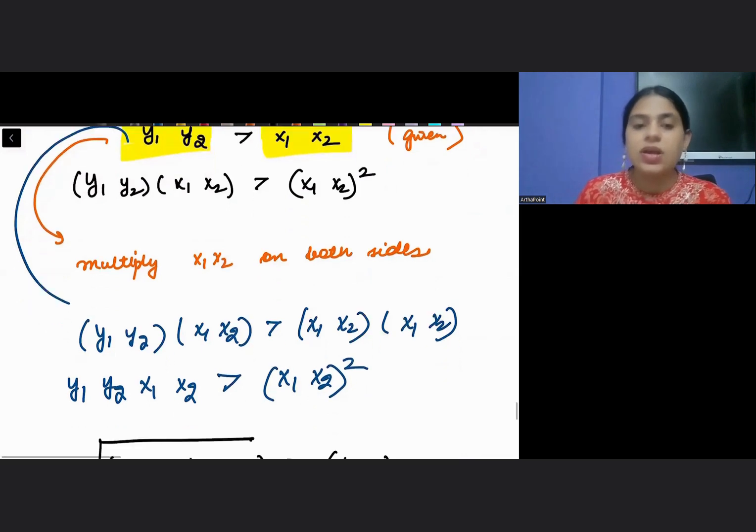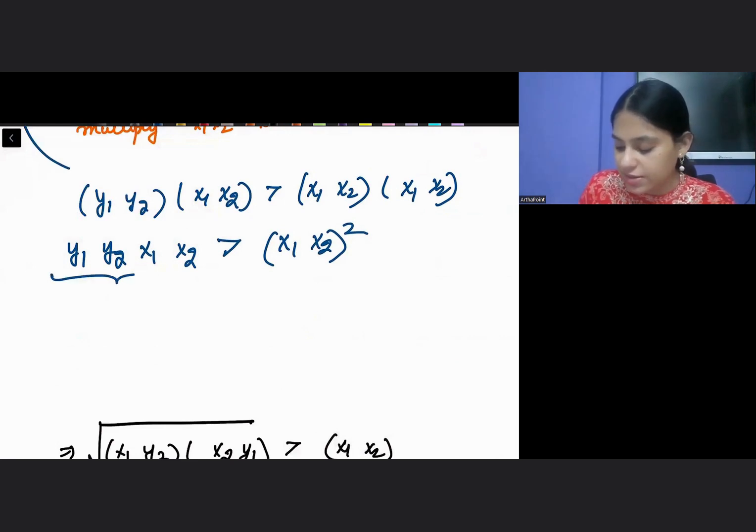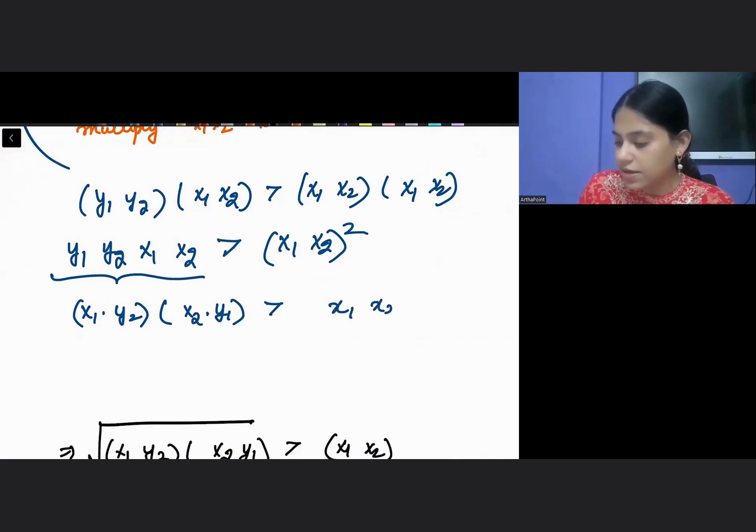Isn't it? Now you can manipulate this thing. So I will just rewrite this as x1 into y2 into x2 into y1 greater than x1 x2 whole square.